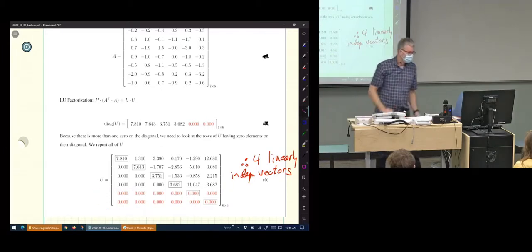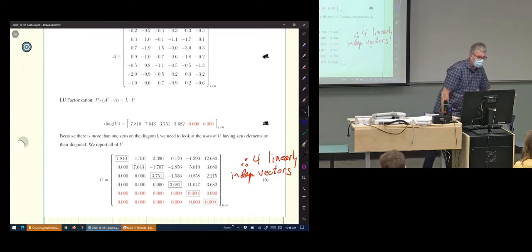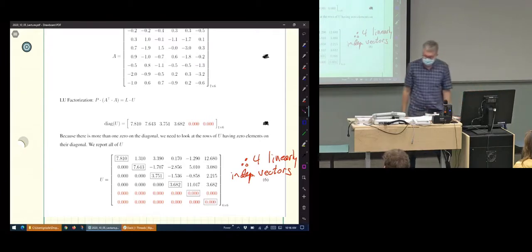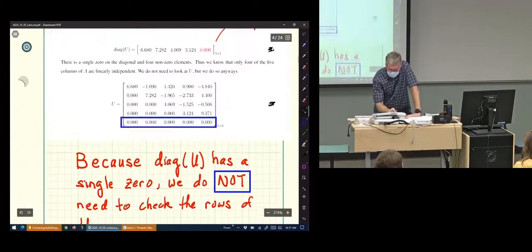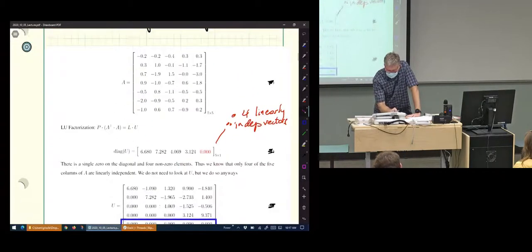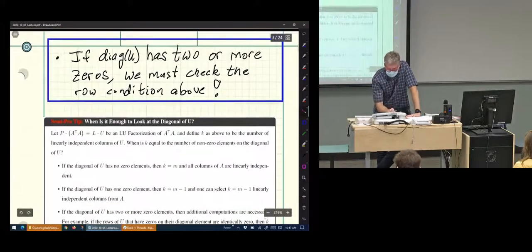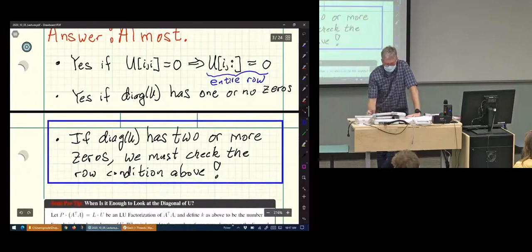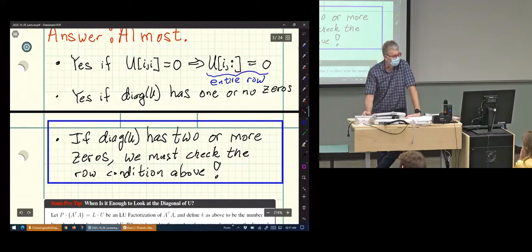Cool. Question: doesn't U mean the whole diagonal elements are 0? Yeah, so I'm going to do an example where the diagonal element is 0, but the entire row is not 0.